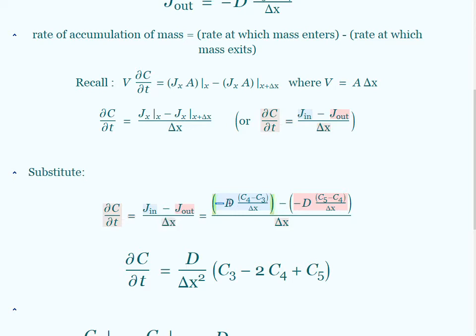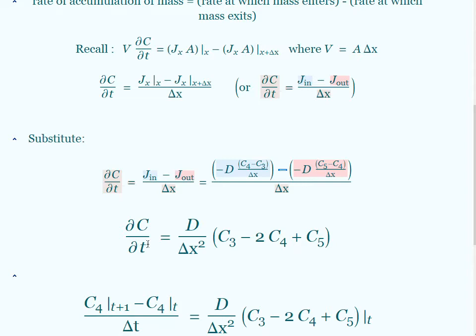And so we've got minus D times C4 minus C3 over delta x, and we've got minus D times C5 minus C4 over delta x, and then recall that we're now subtracting because it's in minus out. And then when we divide through by the volume term and we cancel the areas that come out, we would end up with a delta x on the bottom. So that's where this came from.